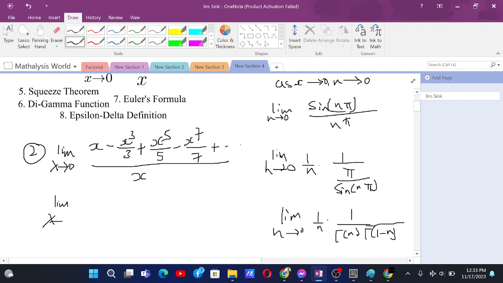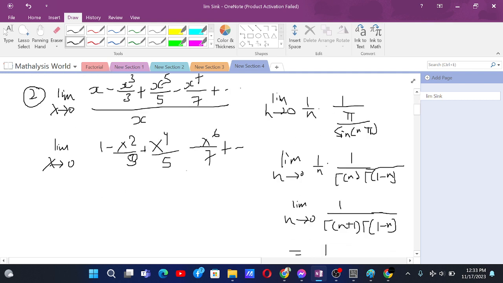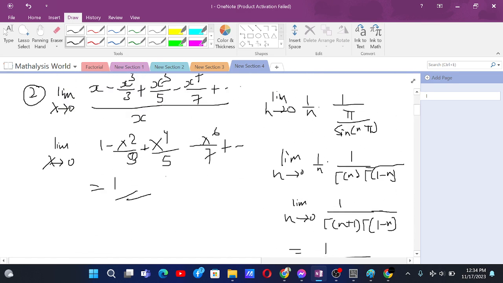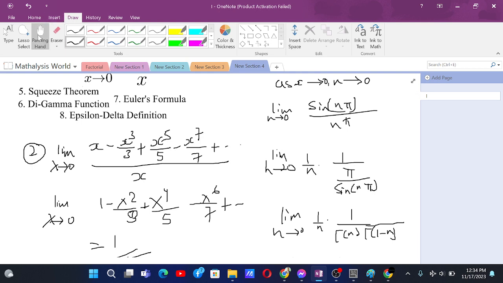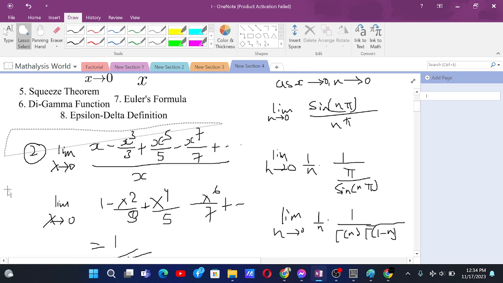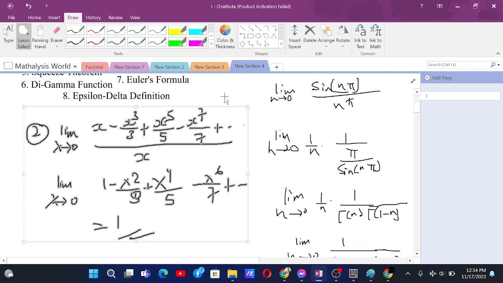It's just clear: 1 minus x squared by 3 plus x to the power 4 by 5 minus x to the power 6 by 7, and so on. If you substitute x at 0, all of them will go to 0, and only the first term will remain. So that's 1. So we already have 2 different proofs, and now let us just delete them for the sake of space.